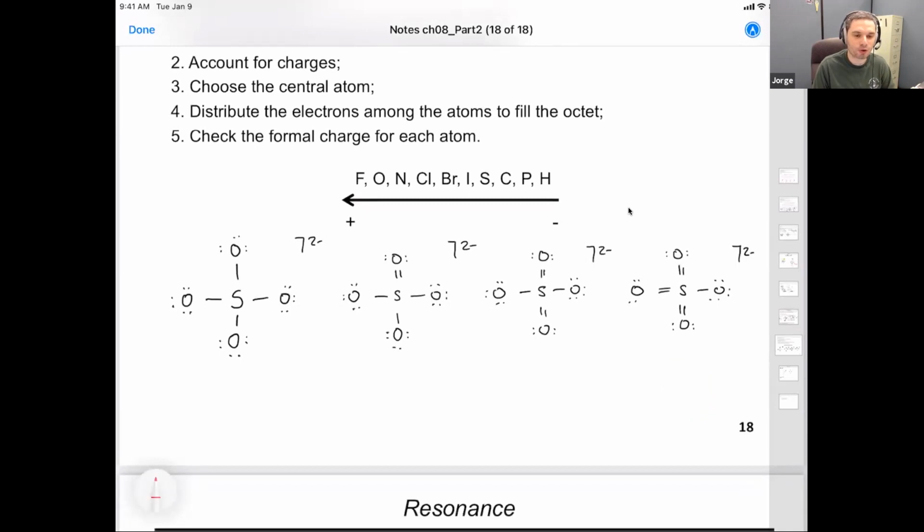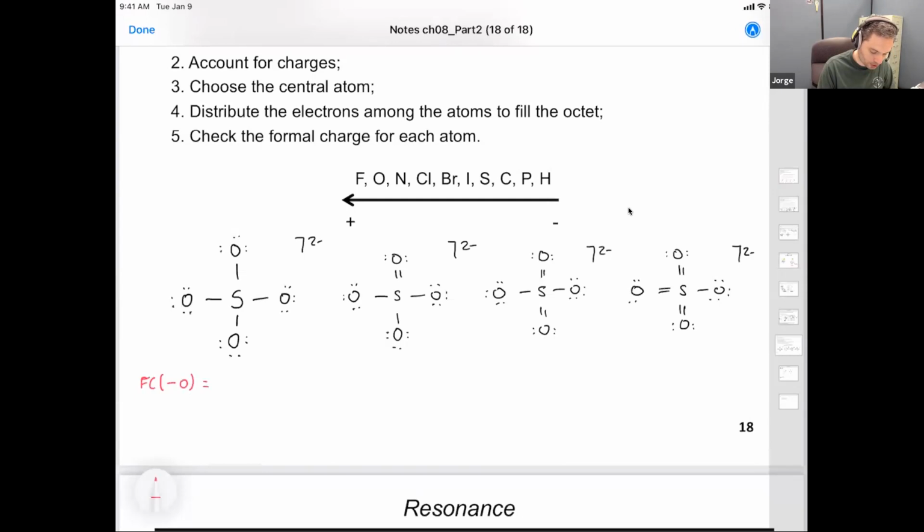So the first structure has sulfur making 4 covalent bonds. All of them are single bonds with the 4 oxygens. So I'm going to start calculating the formal charge for the single bonded oxygen. I'm going to represent this way, Fc, between parentheses, a single bonding oxygen.